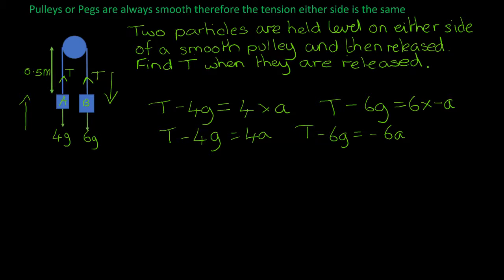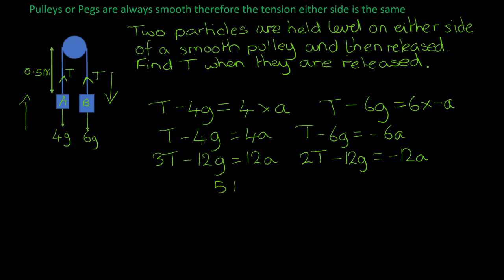So in the first case that means multiplying by 3, so we get 3T minus 12G equals 12A. And then in the second case we're going to double everything, so we'll have 2T minus 12G equals minus 12A. So if we add those two together, then you can see that the 12A and the minus 12A will cancel each other out.